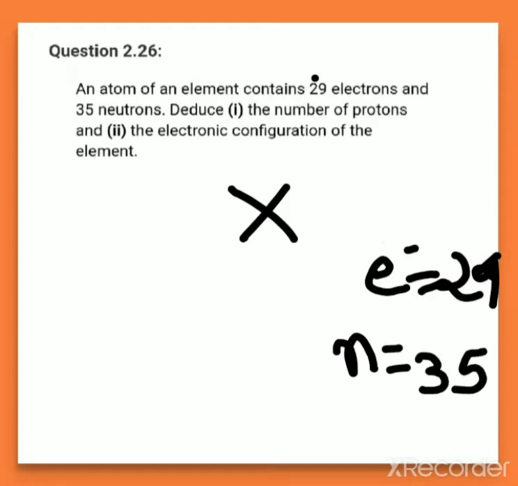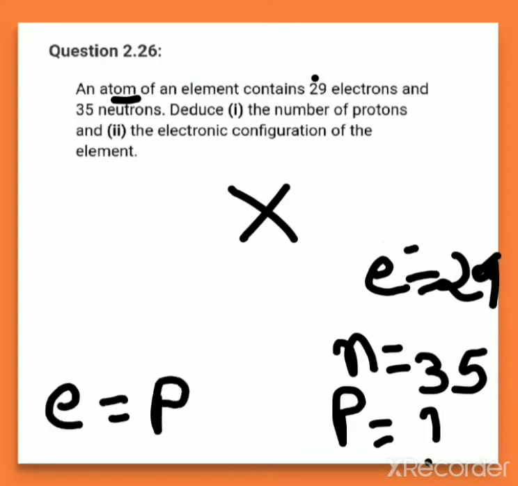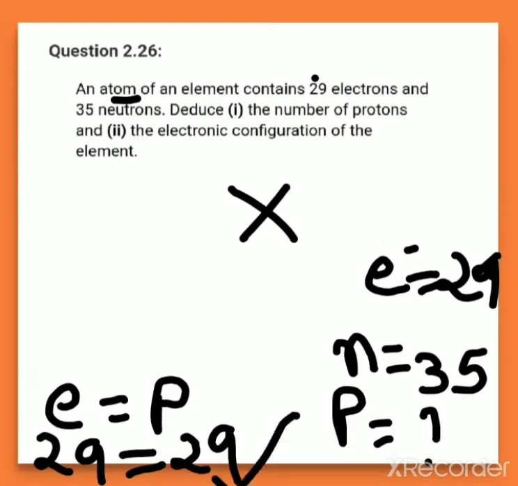The question is to find out the proton value. Since this is for an atom, we know that for an atom, the number of electrons is equal to the number of protons. So if it has 29 electrons, it must have 29 protons. So the number of protons is 29 because it is an atom.